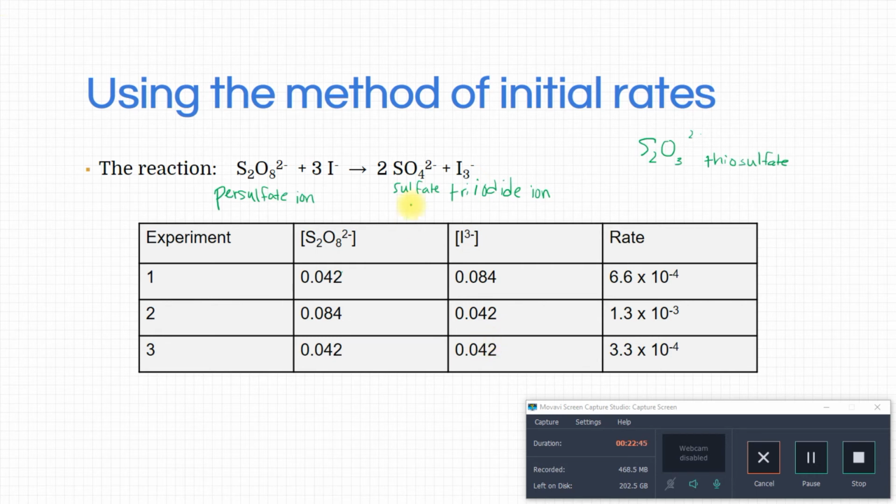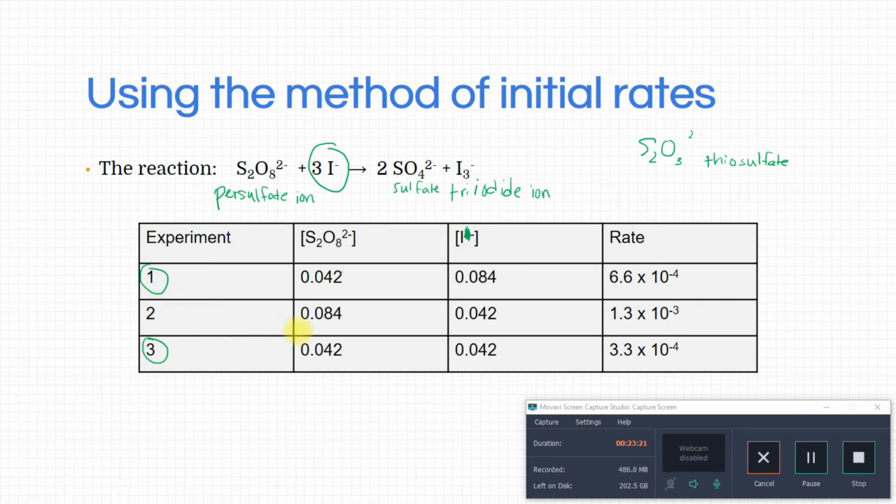Wait, this is wrong. We're varying I minus. We vary the reactant. That was my confusion, I'm sorry. So iodide ion reacts with persulfate ion. We're looking at the amount of persulfate and iodide. We're tracking disappearance here. So we have 2 reactions where iodide is constant, and 2 reactions where persulfate is constant.